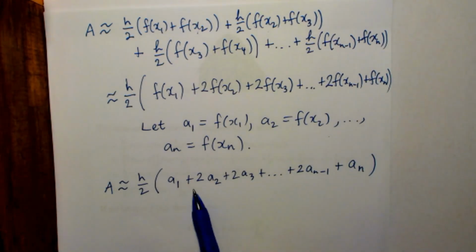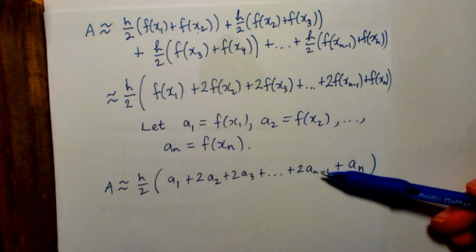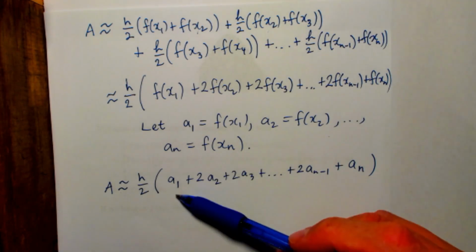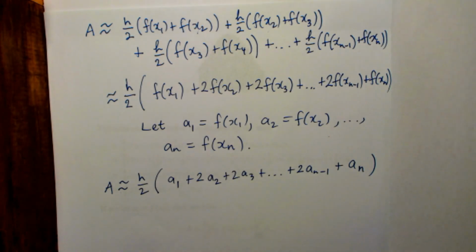Right, so we have a coefficient of 2 in front of all the heights of the function that are not a1 and an. In other words, not the first and not the last.